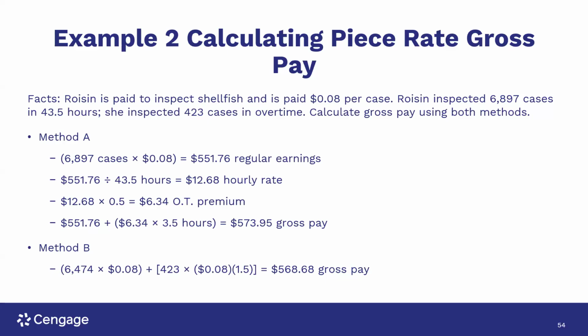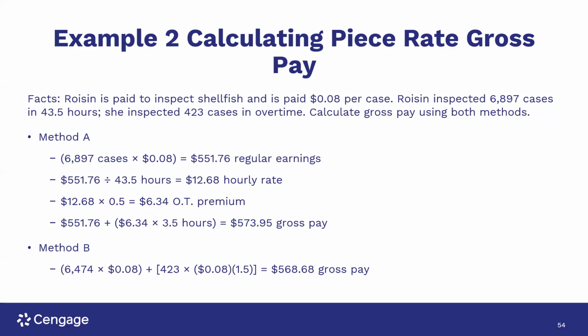So we can calculate the regular earnings, divide by the total hours, multiply by the hourly rate, and by half to get the overtime premium, 634, and then 634 times 3.5 hours plus 551.76, the regular earnings, is the 573.